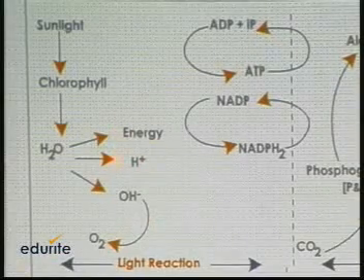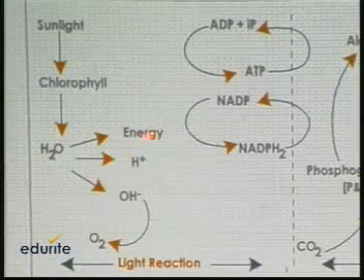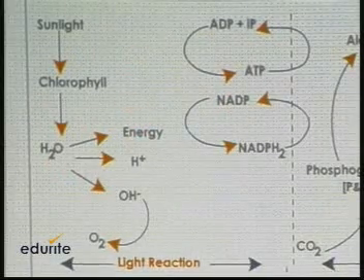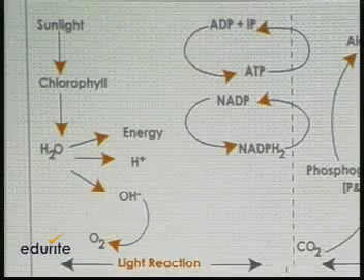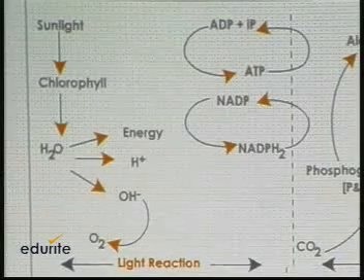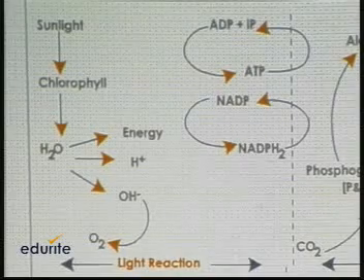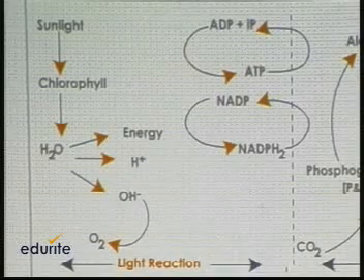What happens to the hydrogen ions? The entire process of photosynthesis is actually facilitated by a number of enzymes and coenzymes which function as hydrogen acceptors or acceptors of electrons.